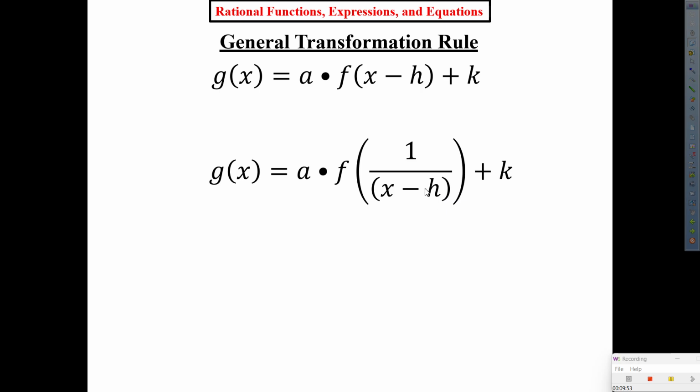Left and right. That is correct. And what kind of asymptote is that? Vertical. Okay. How about A? What does A do to the whole thing? Let's go with Leo. Stretches or compresses. That is correct.